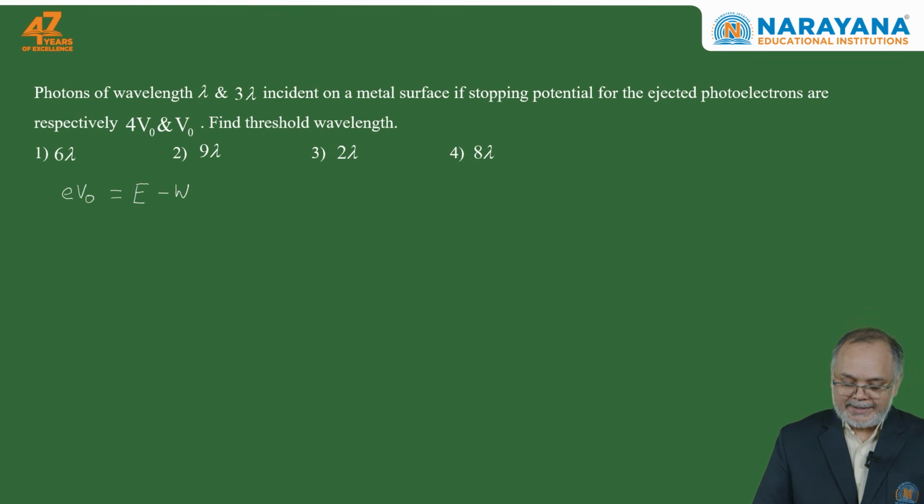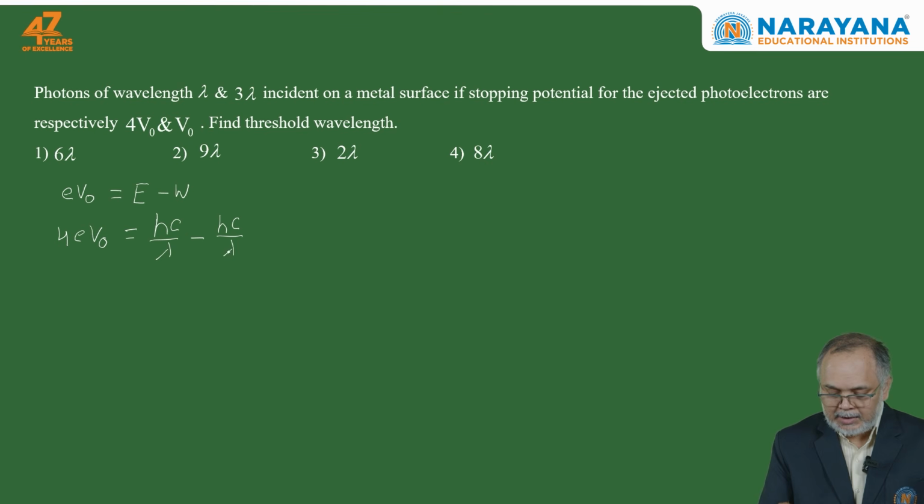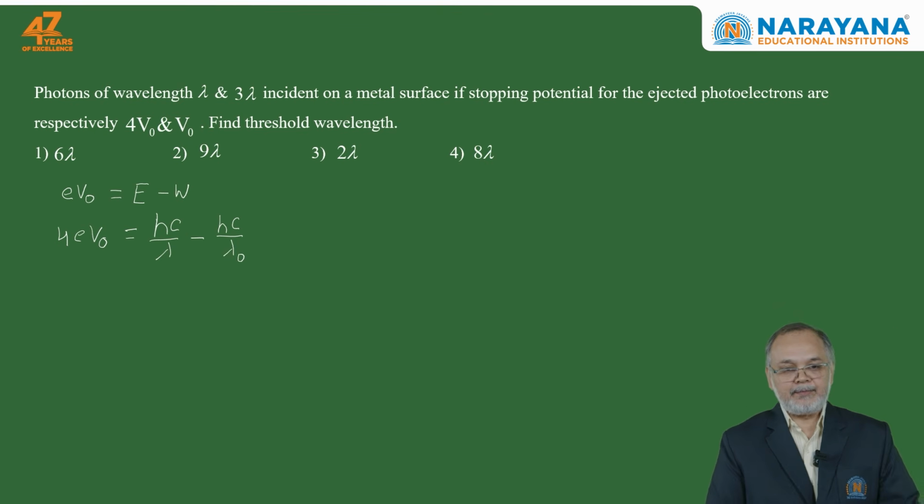So for the first case, the stopping potential is 4V0. So the equation we can write: 4eV0 is equal to E, that is hc by lambda, minus hc by lambda naught, the threshold wavelength, which we want to calculate in this problem.